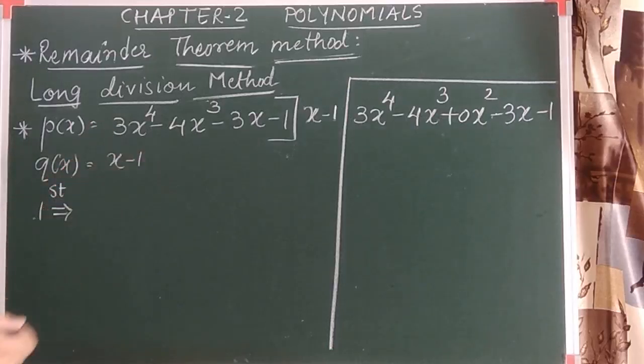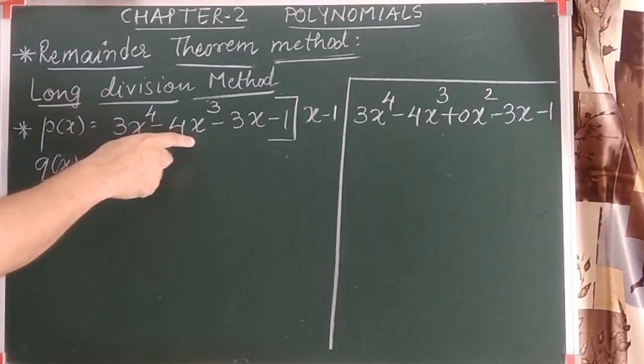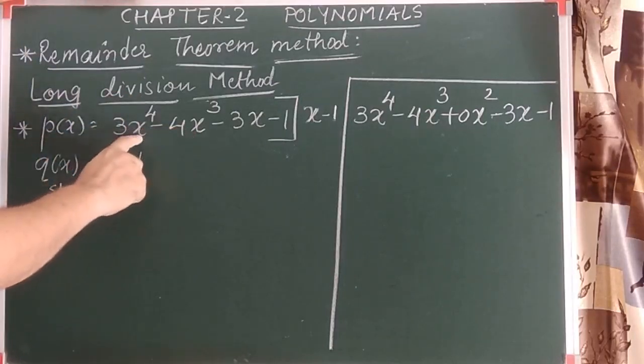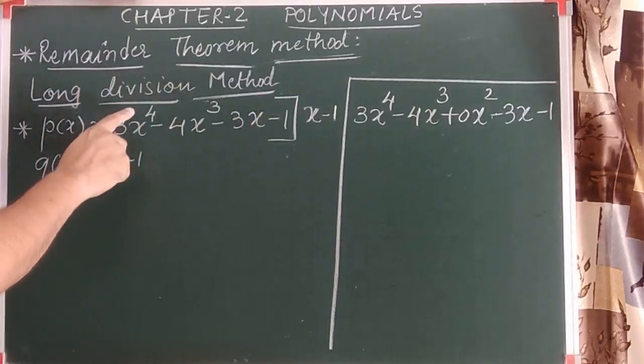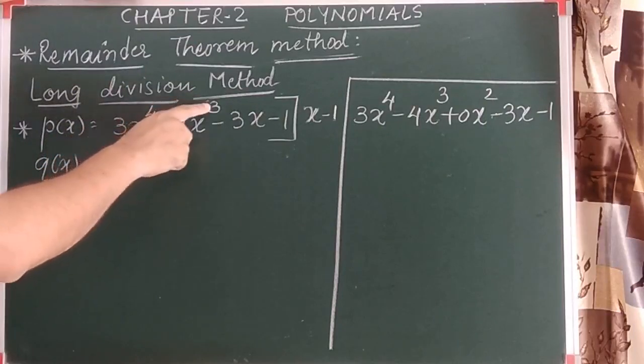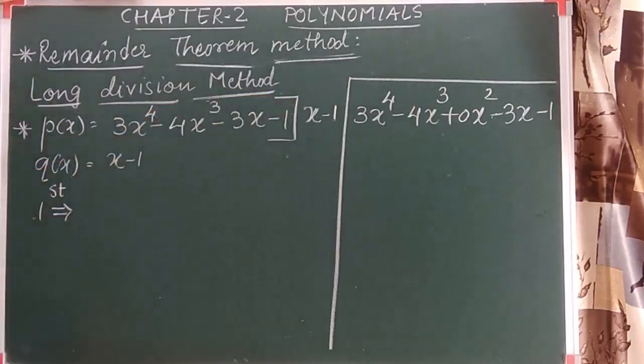As we discussed earlier, when we use the long division method to divide a polynomial by a polynomial, we should arrange the polynomials in the descending order of the power. If you observe, the power 4 is there, 3 is there, the power 2 is missing, then power 1 and the constant.